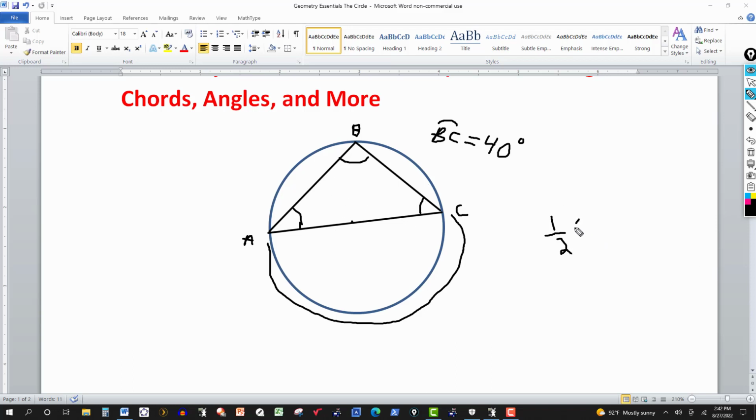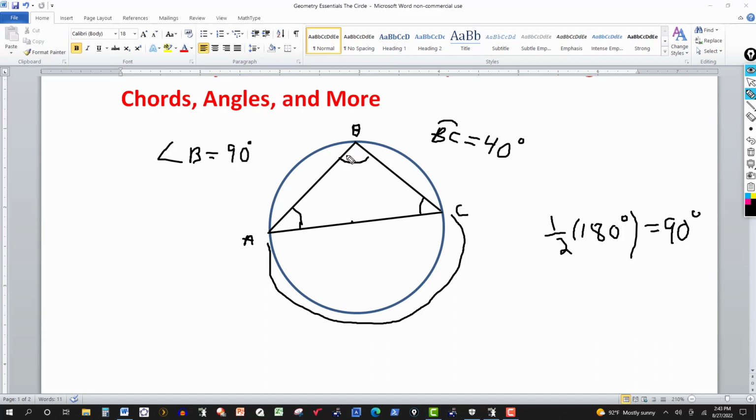So 1/2 of 180 degrees is 90. That's always going to happen anytime you have an angle inscribed and the sides go directly to the diameter. That's always going to be 90 degrees. So angle B is a right angle, 90 degrees.